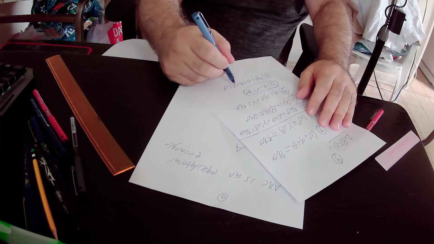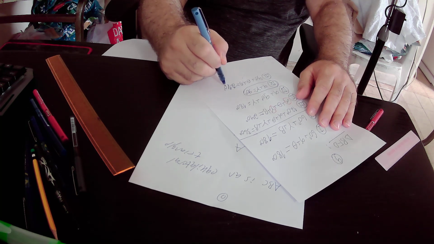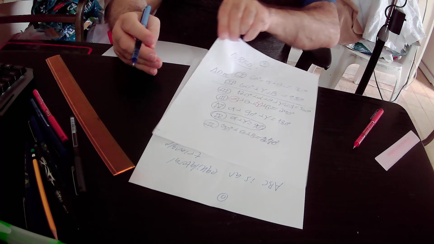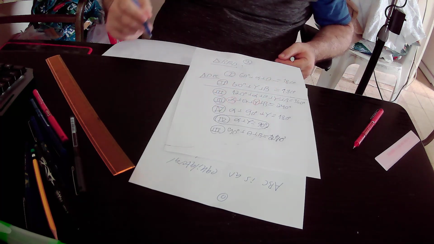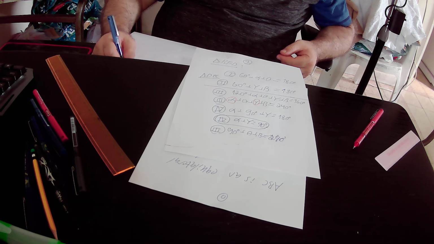Okay, it equals 240 degrees, and here we'll subtract 90 degrees, and we will get that theta plus beta equals 150 degrees.